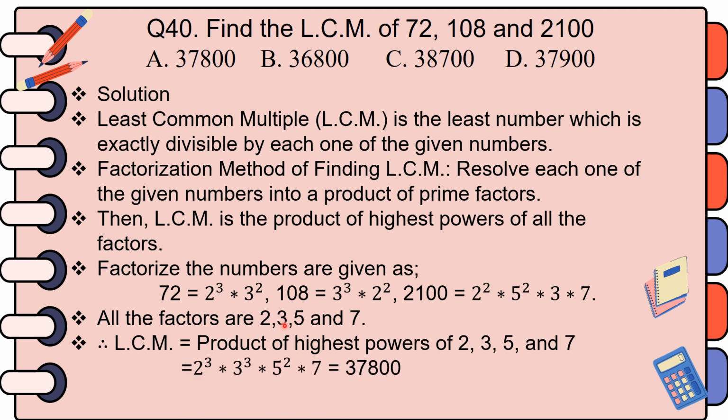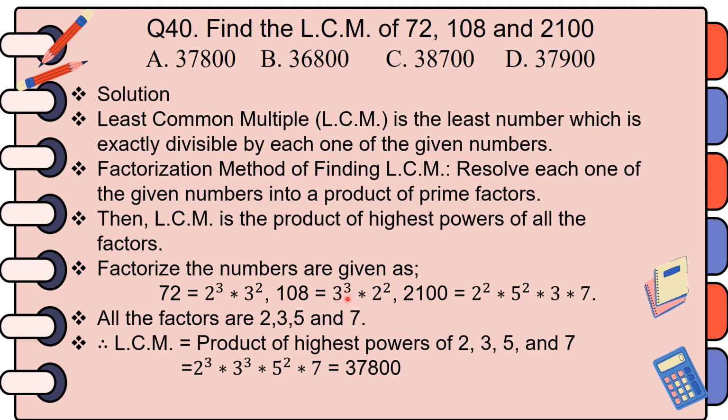Again, take the highest power of 3. On number 72, it is 3 to the power of 2. On number 108, there is 3 to the power of 3. And on the number 2100, there is only 3.